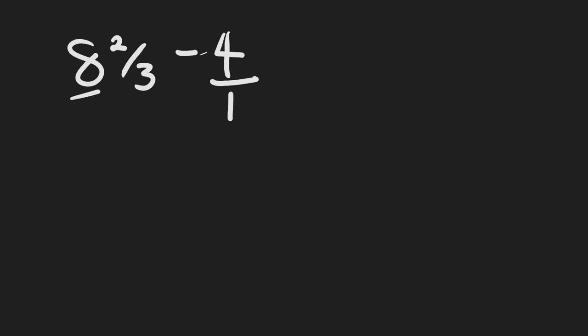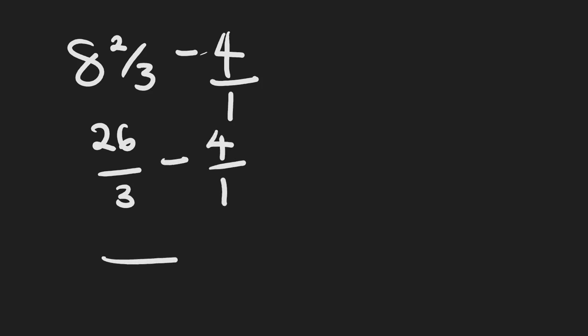So 8 times 3 is 24, and 24 plus 2 is 26, right? So we have 26 over 3, then we have minus now 4 over 1. So find the LCM. Since it's 3 and 1, the LCM will be 3, right?